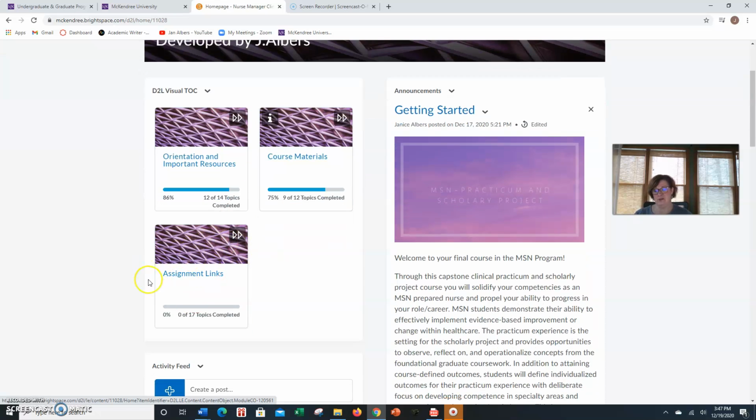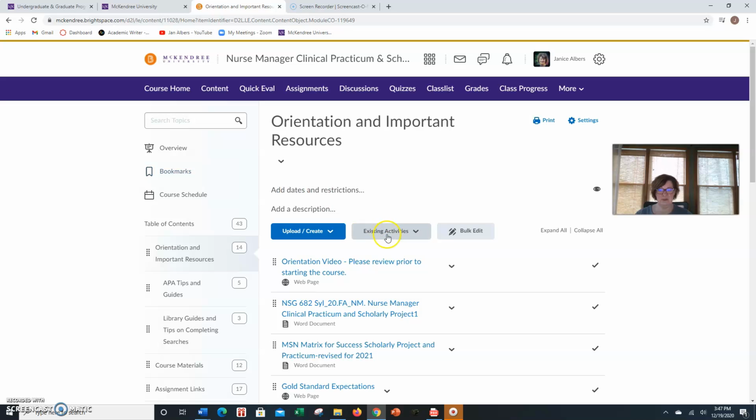Then there's a section on the assignments, the assignment links themselves. So they'll learn all about what they need to do for the courses and the course materials, and then they'll make all their submissions for their assignments in the assignment link. So let's go ahead and dive into the orientation and important resources.